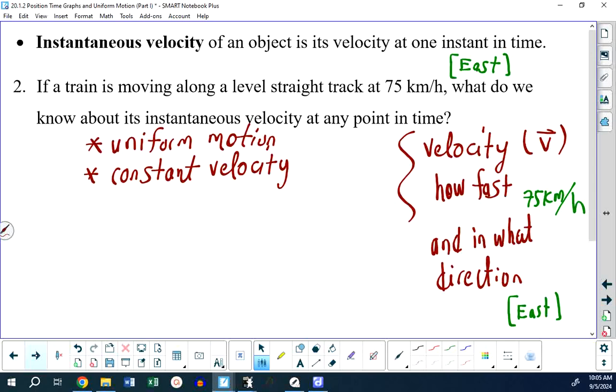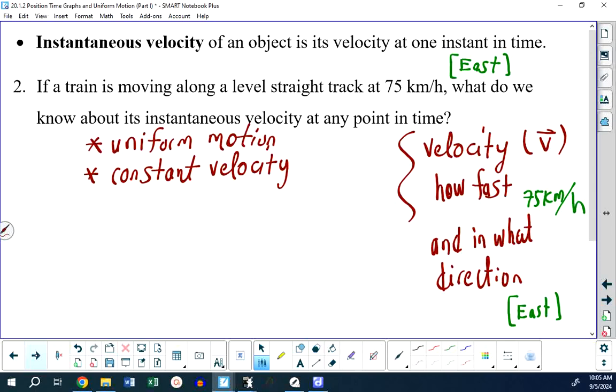This is an important idea now. If you feel moved around in motion, that's because your velocity is changing. And maybe it's changing because you're speeding up. Maybe your velocity is changing because you're slowing down. Maybe your velocity is changing because you're changing direction, in which case it's non-uniform motion.